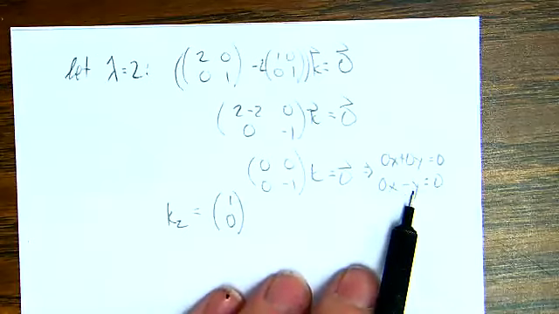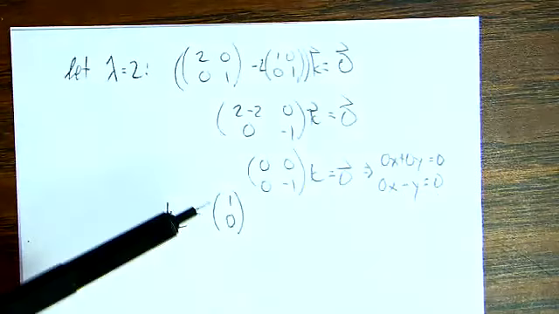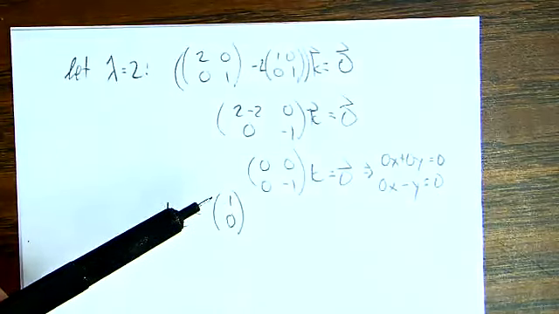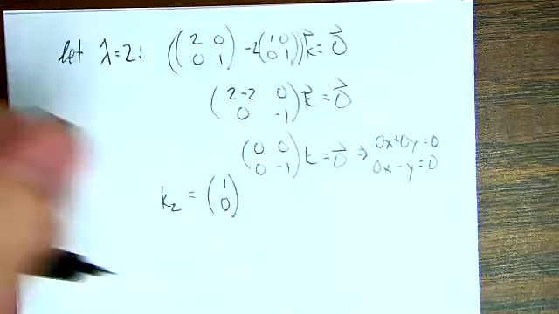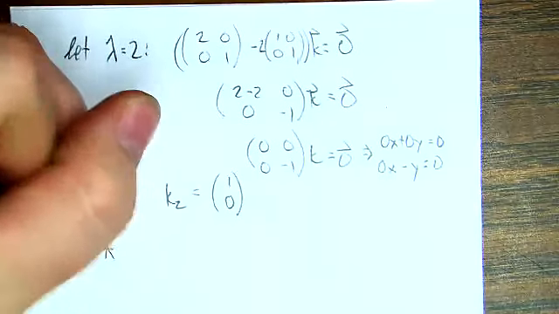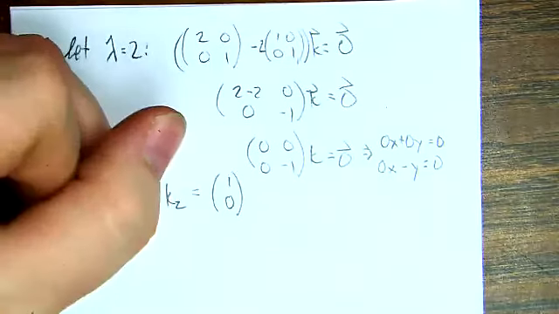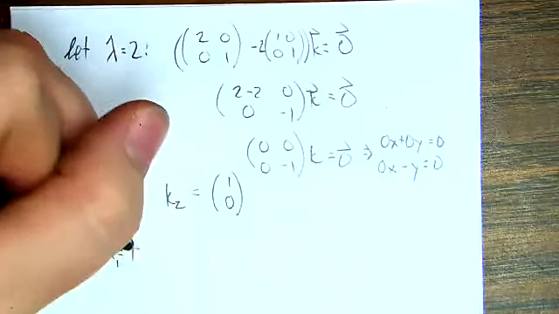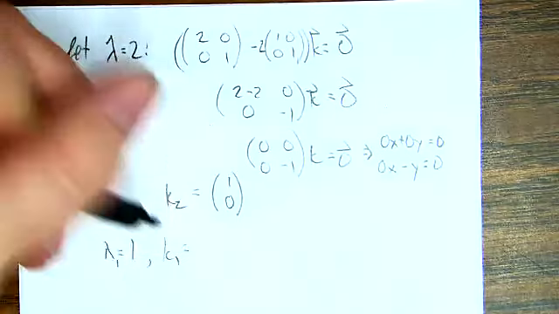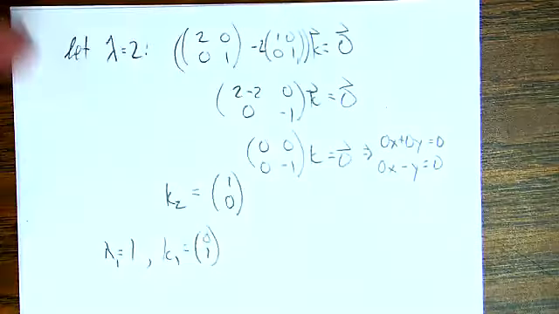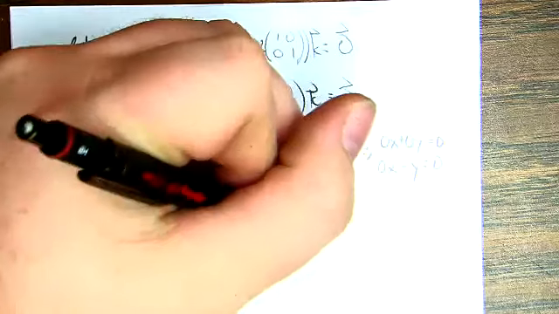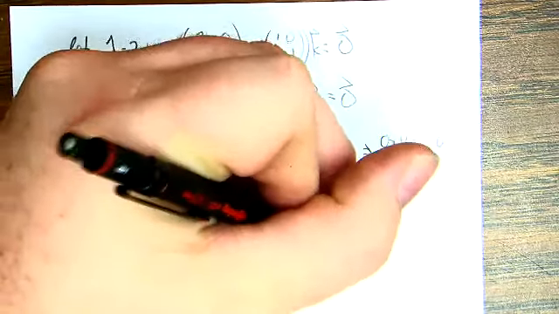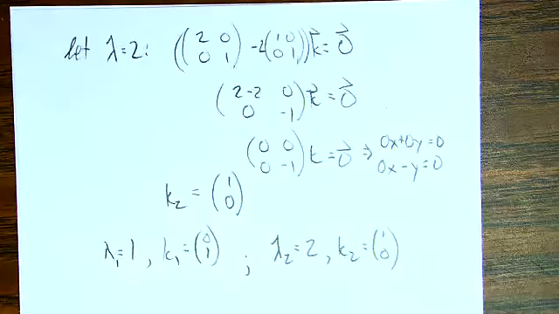That's the only way the second equation is going to be 0. If I could choose anything I want to for x, I'm going to choose it to be 1. So we have the eigenvalue of 1 has eigenvector 0, 1. And the eigenvalue 2 has vector 1, 0.